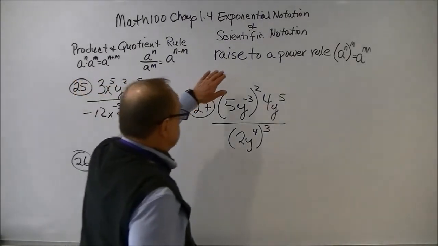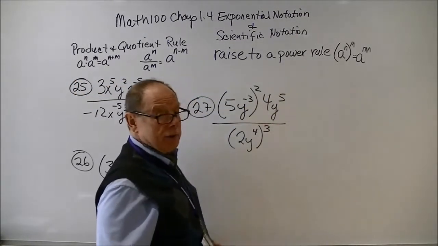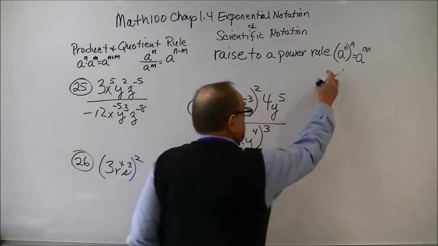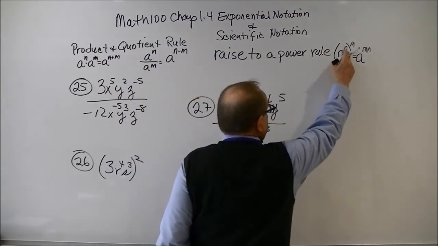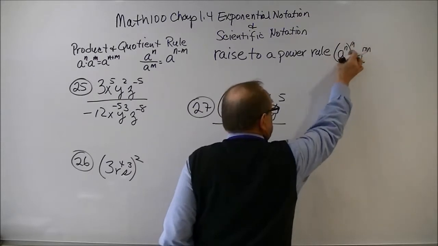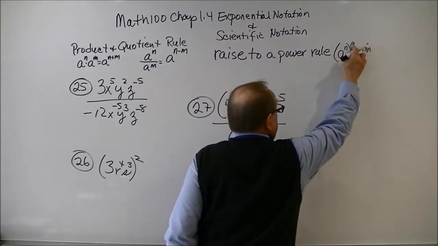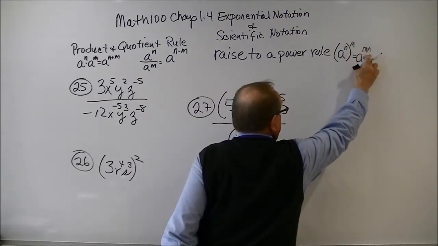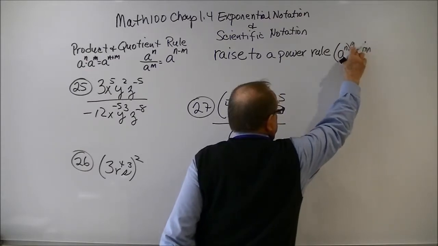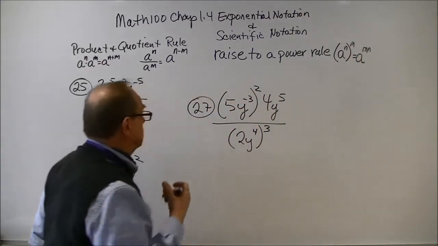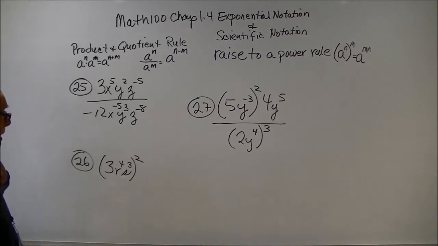Okay, I just added the raised to a power rule. That is, if we have a variable with an exponent that's raised to a power, here we multiply the exponent. So we'll see some of that as we go on.